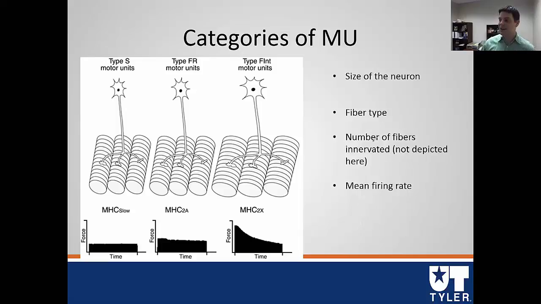In general, the number of fibers that each motor unit innervates is also dependent on the fiber type. The lowest number of fibers innervated by a motor unit is seen in the slow. So then we could draw here. Let me draw my striations nice and pretty for you.